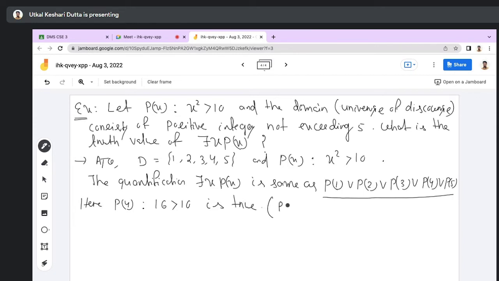Also you can take P of 5, that is 25 greater than 10, which is also true. If any one of P of 1, 2, 3, 4, 5 is true, then the existential quantification is true. It follows that there exists x P of x.